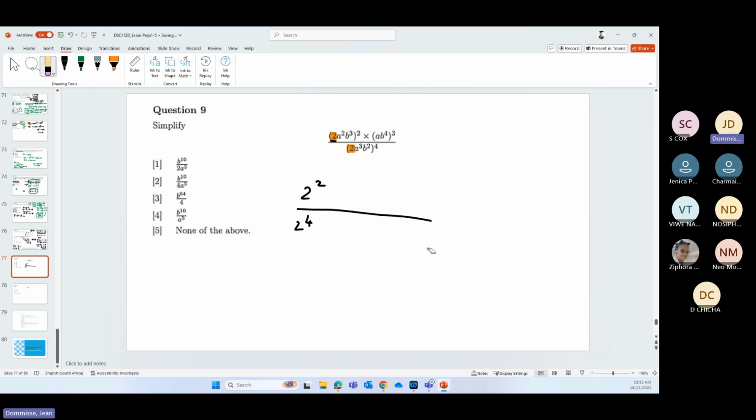Before we even go to any of the others, 2 to the power of 2 is 4. 2 to the power of 4, I'm not even going to try and work it out. Use the calculator. That's 16. So 4 goes into 4 once. 4 goes into 16, 4. So our final answer would look something like that.